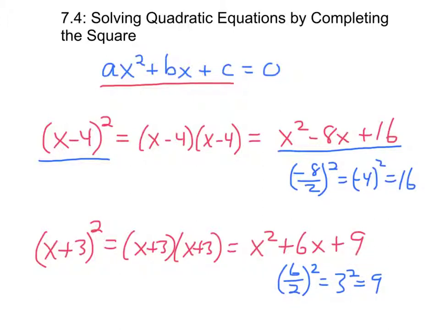So expressions such as these are called perfect square trinomials, because if you have a perfect square trinomial, like x squared plus 6x plus 9, you can rewrite it as the square of a binomial. And the method I'm going to show you today uses that.